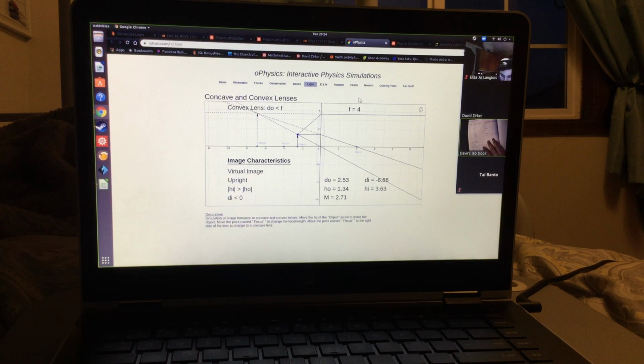So for 3.5 distance from the object, what'd you get for your focal length? 4.02. And what'd you get when it's 2? 4. Interesting. Because when I did them, at 3.5 my image distance is like negative 28.02.